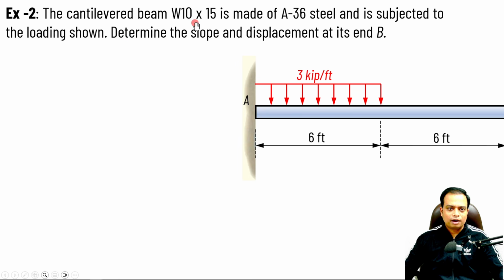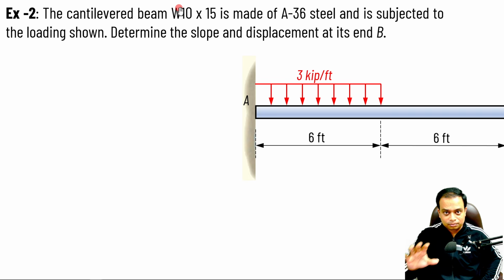So you have a W10 by 15. This designation is for a wide flange. I'll come to that. It is made up of A36 steel. So do you know the mechanical properties? So far you don't. Okay. But I'll show you how those properties can be figured out, using a table, of course.